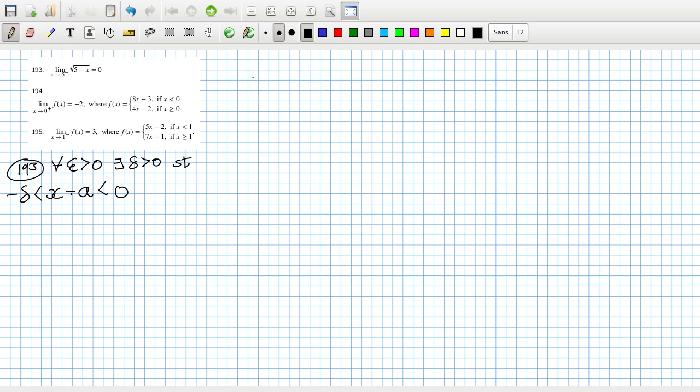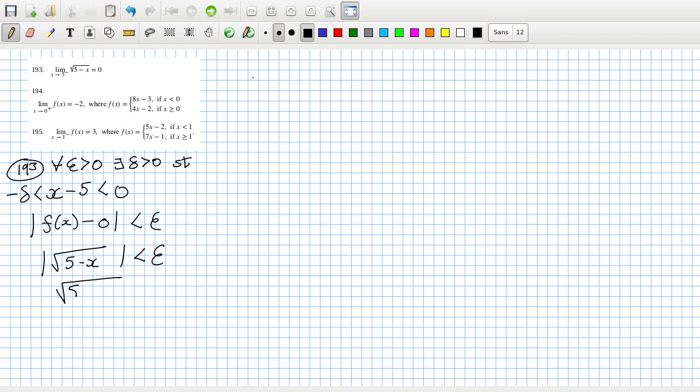Okay, yeah, let's fill it in though. That's 5. And then we have f of x minus L, which is 0, needs to be less than epsilon. So let's see if we can find the delta to satisfy this. Absolute root 5 minus x minus 0 less than epsilon.